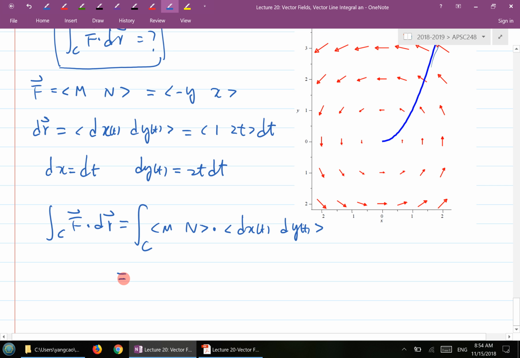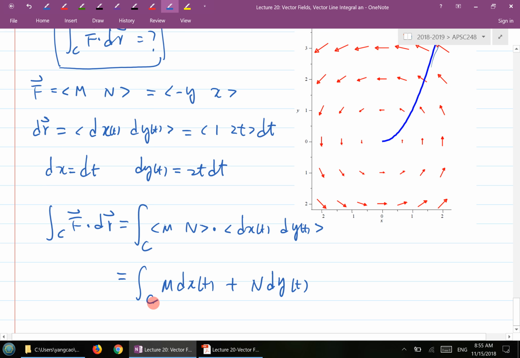In the previous example, what happens is you replace the M, N over here, and you place dx, dy over here, and then you do the dot product. So you could basically have M times dx of t first plus N times dy of t here.